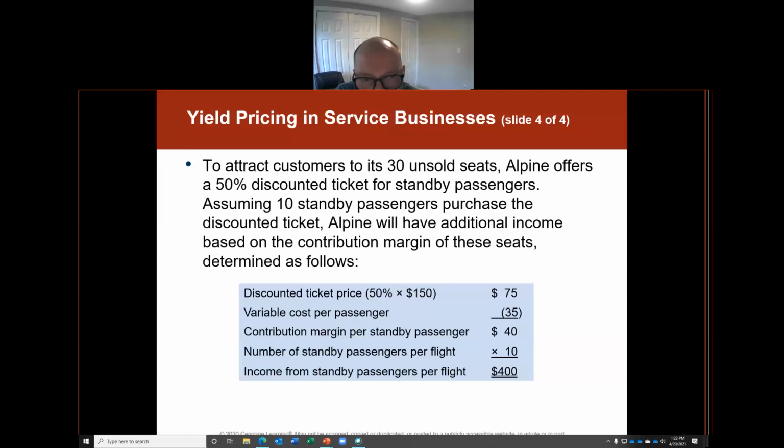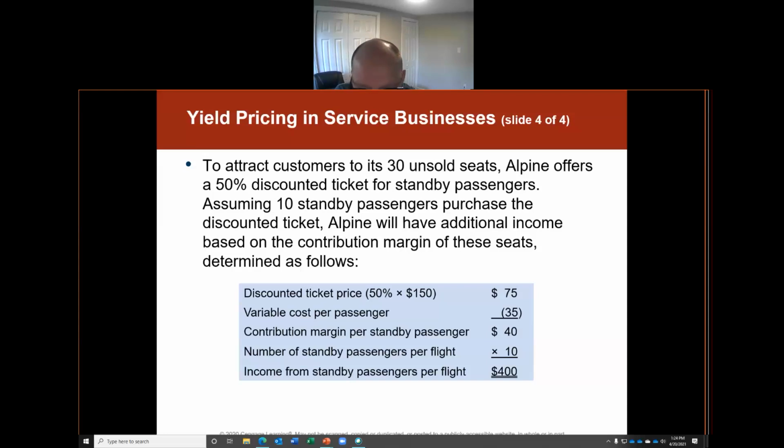So, how do I fill the flight? I've already sold 170 seats, so I've already broken even, but I want to maximize profit. In other words, I want to add to my yield. How do I do that? I can sell the remaining 30 seats at a discount. So I decided I'm going to sell the remaining 30 seats at 50% discount, $75 for the remaining tickets.